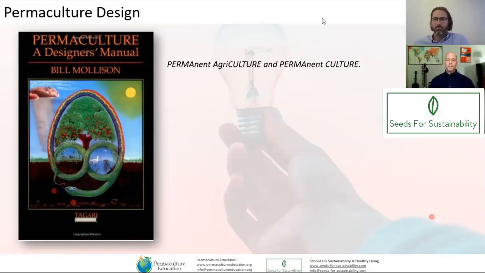When we talk about permanent culture, we're talking about a means of conserving and supporting and working together with the local culture, while at the same time moving forward, working with nature and people, as well as learning from them, and not working against or in competition with other people. So with permaculture, it helps us to understand and to create harmonious integrations between people and nature in the most sustainable way.